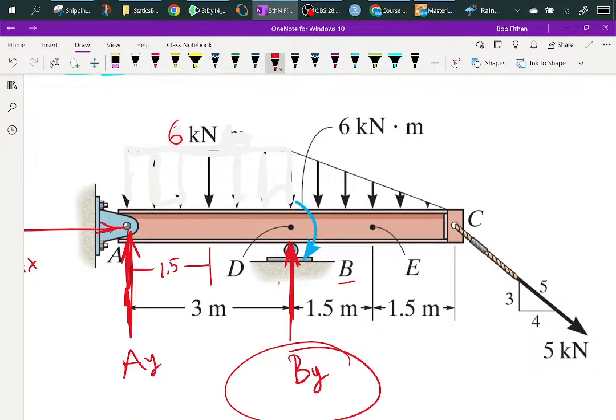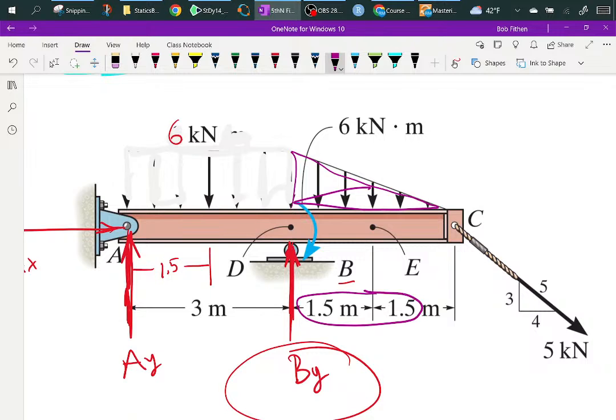Now, on the second one, I'm looking for the area under this thing, which is 3 times, again, it was 2 at the left end. It was 2 kilonewtons per running meter. There are 3 running meters, so it's still 6, but I've lost half that area. So I end up back with 3. So let's see if I can monkey with this thing. Okay, so I end up back with 3.